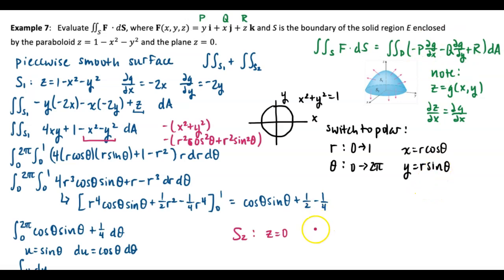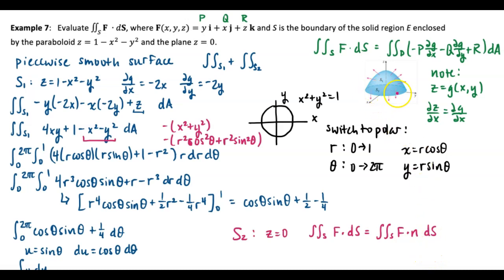Well, I remember that if I have the double integral, and this goes back to our definitions here, you can find this earlier in your notes, if I have the double integral over some surface of the dot product of this vector field dS, we said that this is really equal to the double integral over that surface of the dot product of F and the normal vector dS.